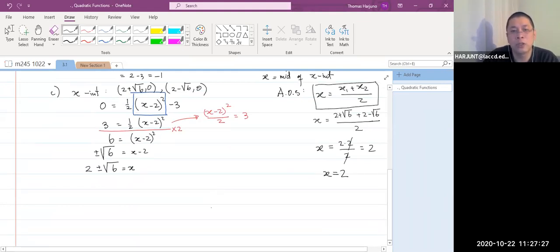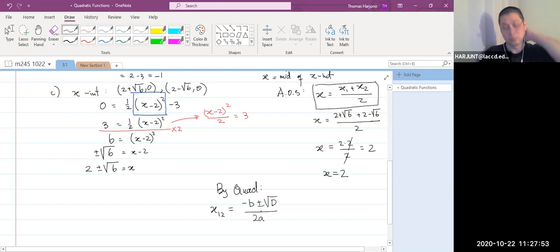Notice that our x1 and x2, if we use the quadratic formula, our x-intercepts are negative b plus or minus the square root of d, over 2a. By the quadratic formula, suppose you have f(x) equals ax squared plus bx plus c.